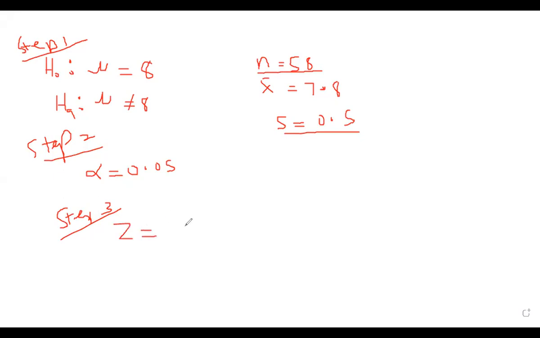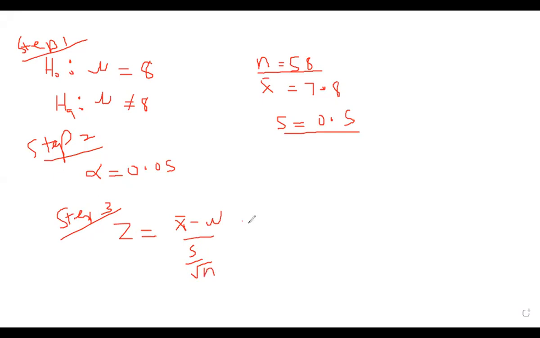Which is x bar minus mu over S divided by the square root of what? 58. Sorry. Since we are quoting formula, let's keep everything in the formula form.